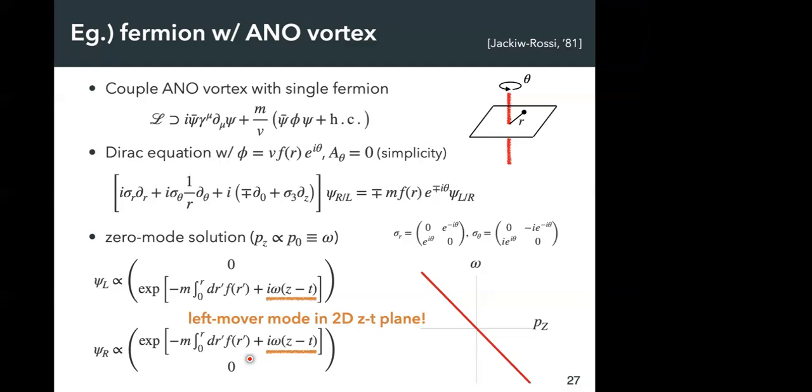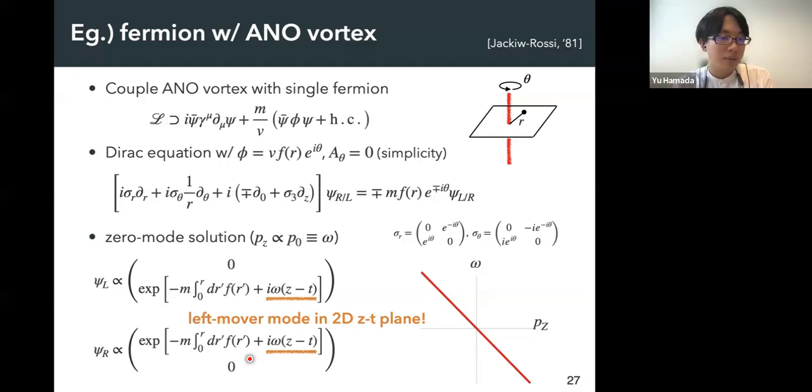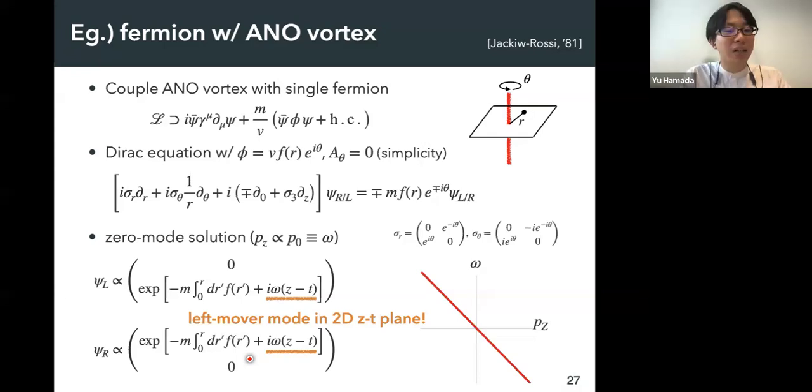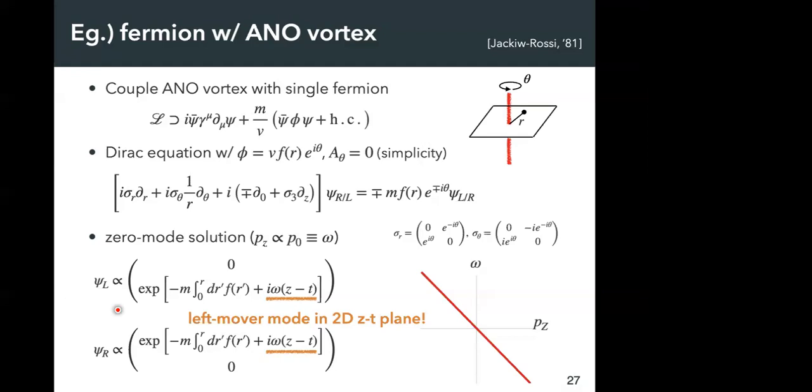The combination of left and right in 4 dimensions corresponds to right-handed neutrino in 2 dimensions. I'm not sure. Sorry, are you talking about the neutrino zero mode or the electron?